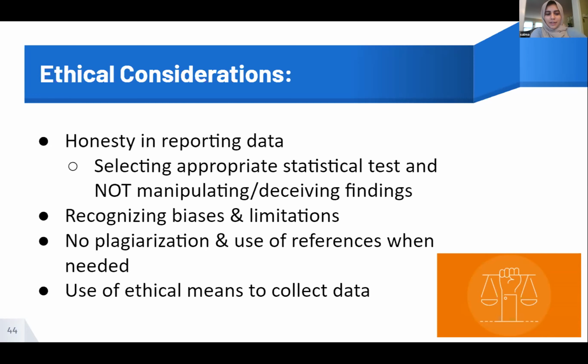Every study has its biases and limitations, and you should recognize and try as best you can to resolve them, but there will naturally end up being some limitation or bias, and you should make sure that you acknowledge that and are upfront with it. You shouldn't plagiarize or use any other unethical means to obtain your data. All these factors are primary indicators of the validity and viability of your research.